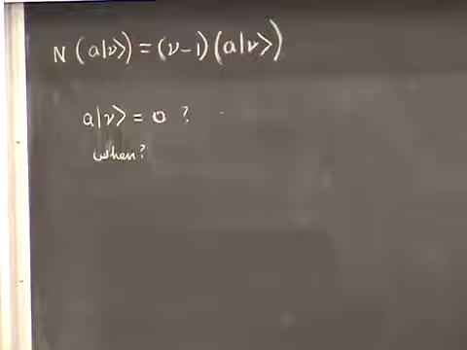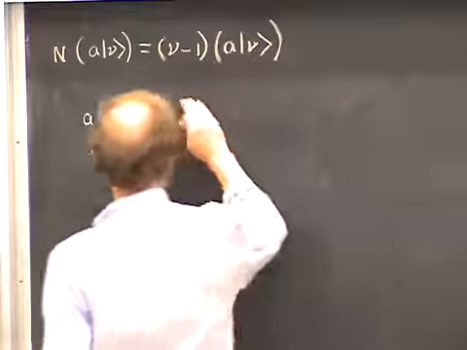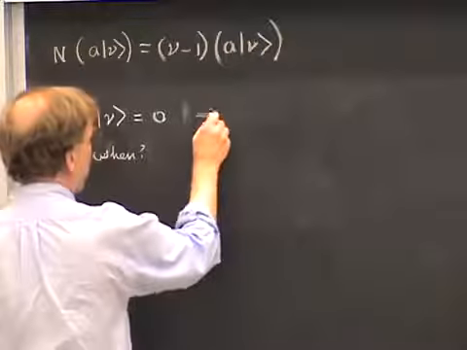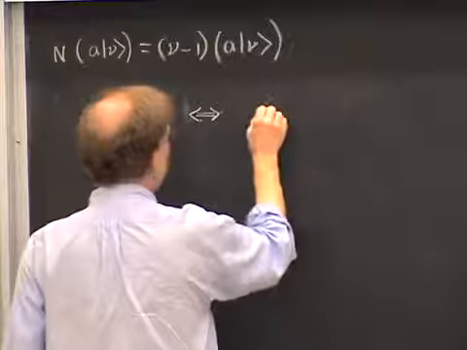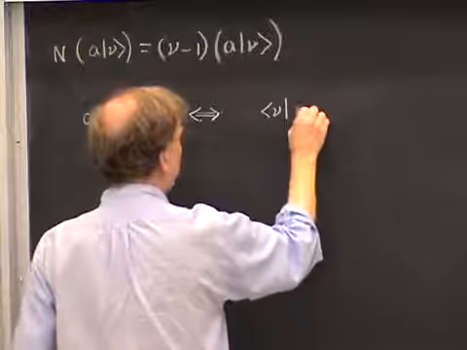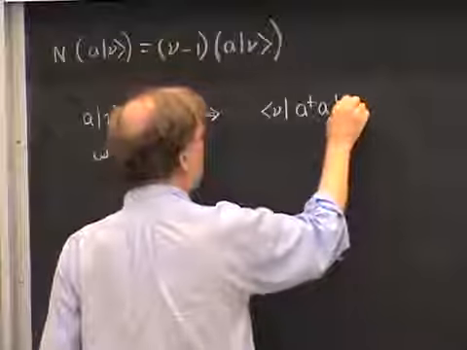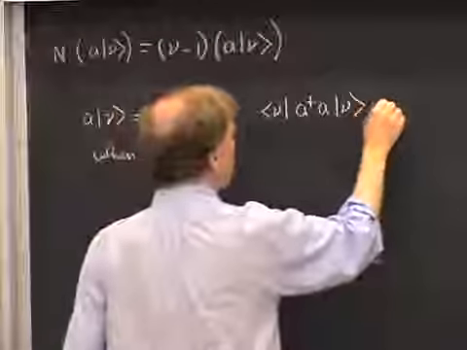To answer this, we'll use the basic fact of Hilbert spaces that a vector vanishes if and only if its square vanishes. So let me remove the question mark and say that this condition is true if and only if, taking the square of it, I get nu A dagger A nu equals 0.